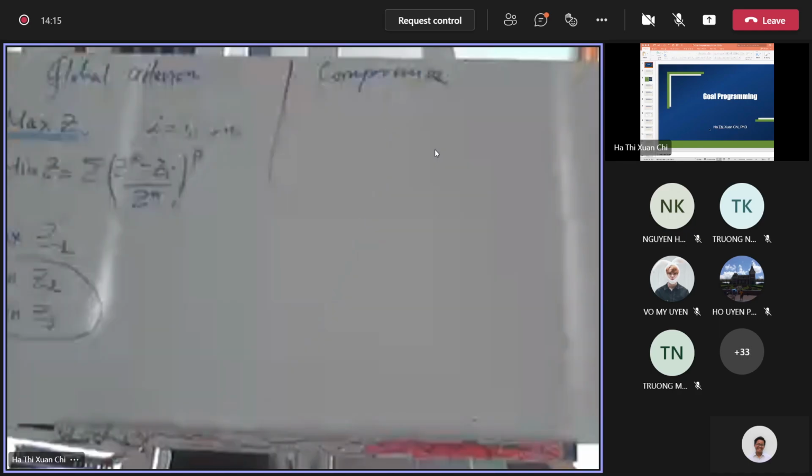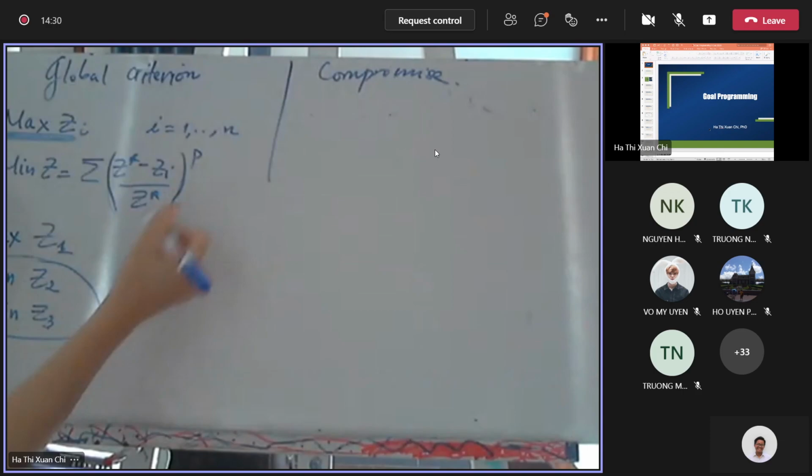So everyone pay attention on this case. So when you have max, you have mean here. So you can choose. For general like this, everyone, you can use that one.